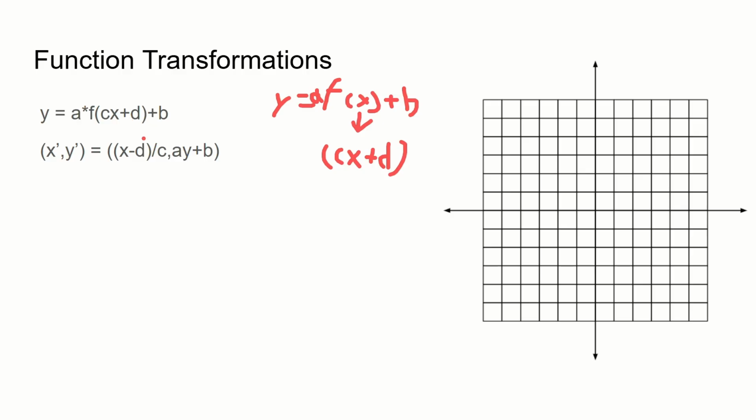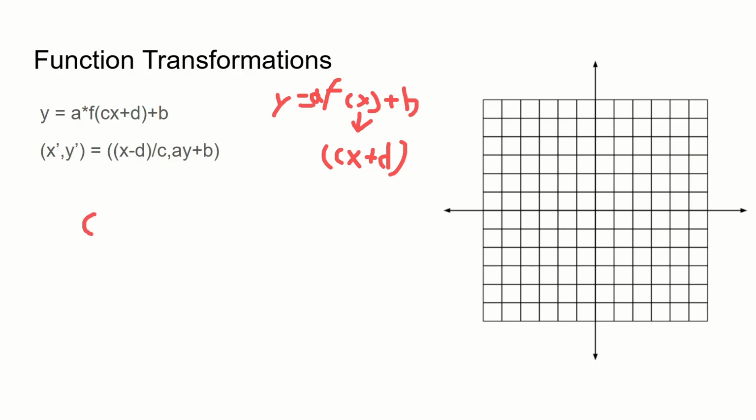This is a little bit tricky, but for outside of the function, you will just follow normal order of operations. So we see this is a times the function, plus b, and we get ay plus b. But inside, we essentially do inverse order of operations. We would normally multiply first and add second, but instead, if we want to get x by itself, we first subtract d and then divide by c.